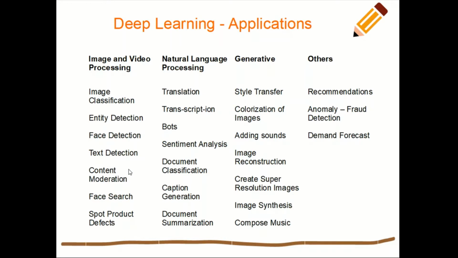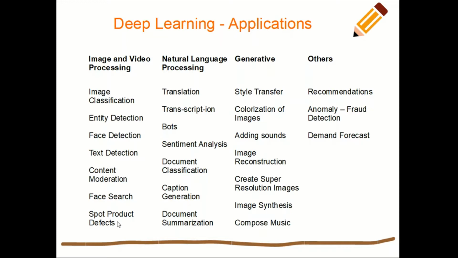If the content is not appropriate, we can create an alert out of it. Okay, we can also search a face, that means detect a face and match that face with the repository of faces that we already might have. Okay, another category could be spotting product defects.